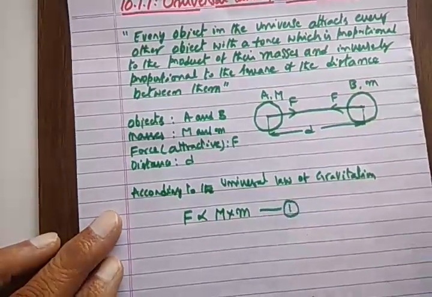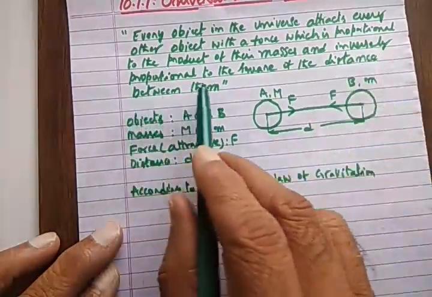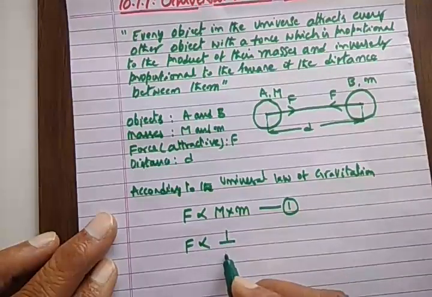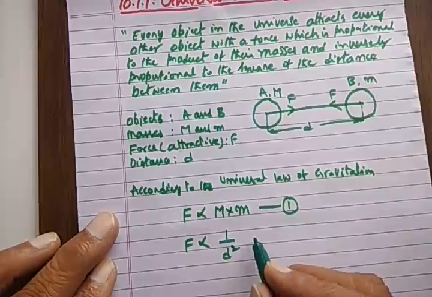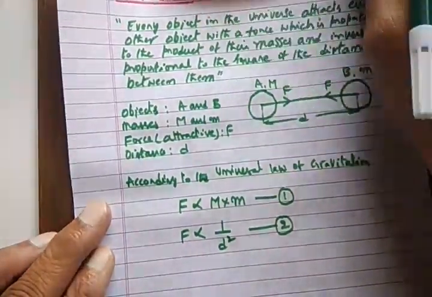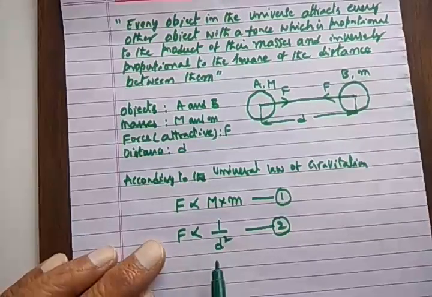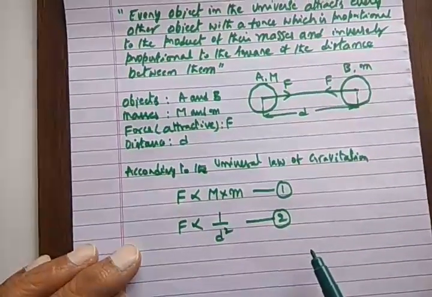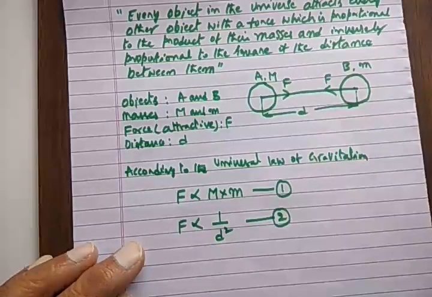This I will call it as equation 1. And the second one is force is inversely proportional to the square of the distance between them. Inversely proportional is like this, 1 over the square of the distance between them. So F is proportional to the product of the mass of both objects and inversely proportional to the square of the distance between them. As per the universal law of gravitation, the statement is converted into a mathematical formula.